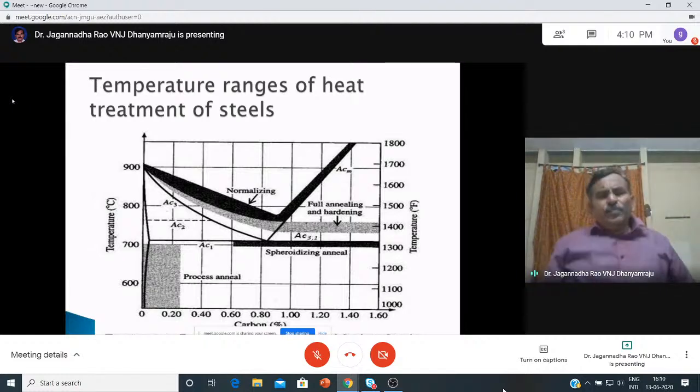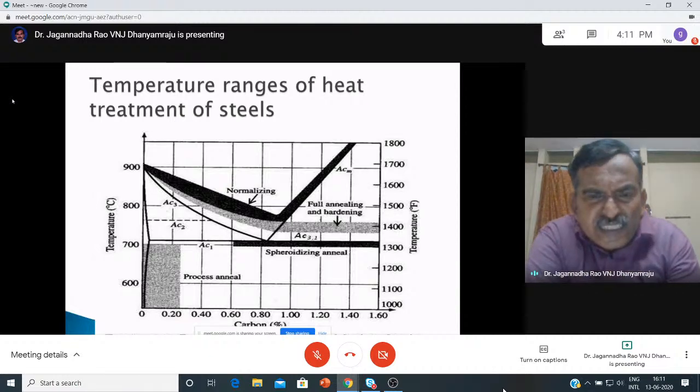But how to harden the steel? Right? See, you take, say, a medium carbon steel and heat it to the annealing temperature, say 850 degrees centigrade. And after that, you drastically quench it in a water medium, which is at room temperature. That means, for example, take a loco wheel and heat it up to the annealing temperature, which is approximately 850 degrees centigrade.